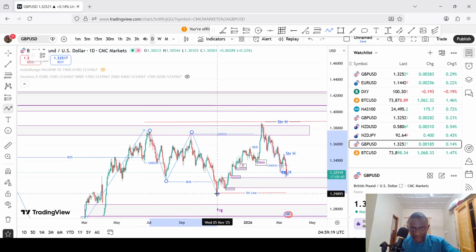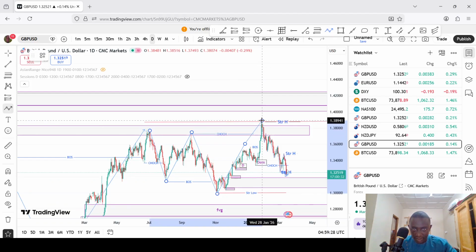So at least we were expecting price around this session, then continue like this, but it didn't happen. Price went all the way to this place, to get it, and close above it. Once it has closed above this high, it is a confirmation that price can also go more up. That is why from the daily time frame, you see that it has changed character from the previous high.